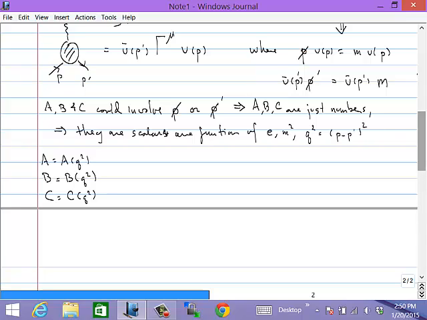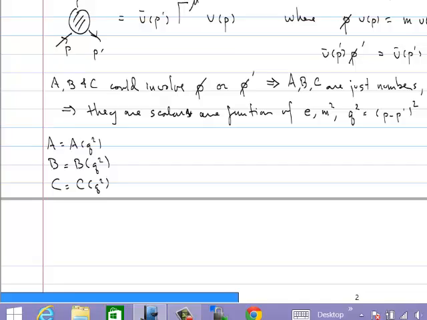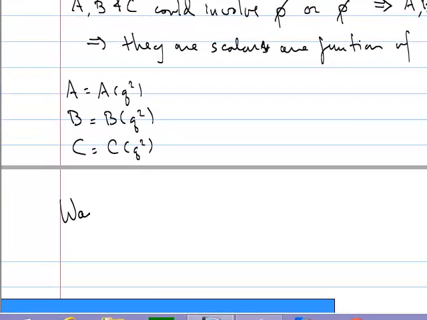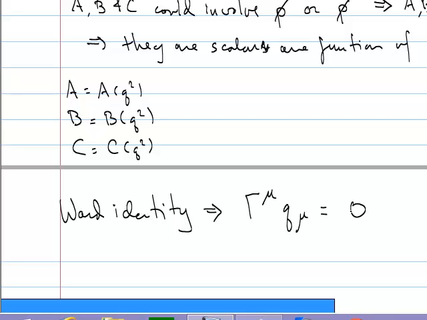Now, the final point that I would like to make is that we can also use gauge invariance to simplify the answer. Because the Ward identity, that is to say, gauge invariance, implies that if you take this three-point function as a scattering amplitude, and you contract the free index associated with that photon with the momentum of the photon, then you have to get 0.